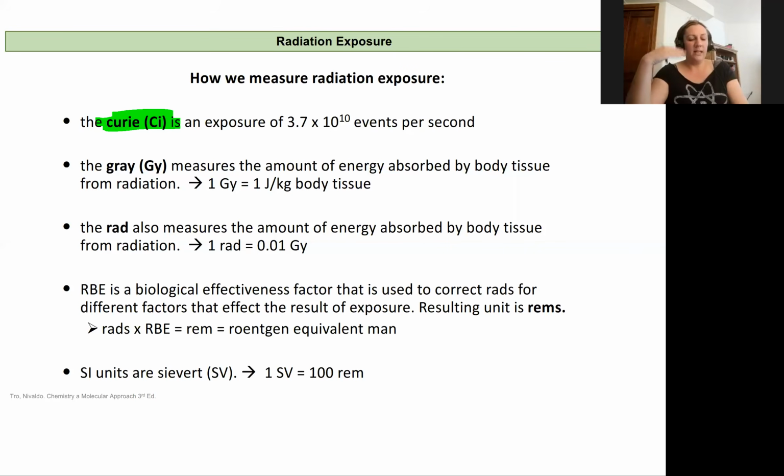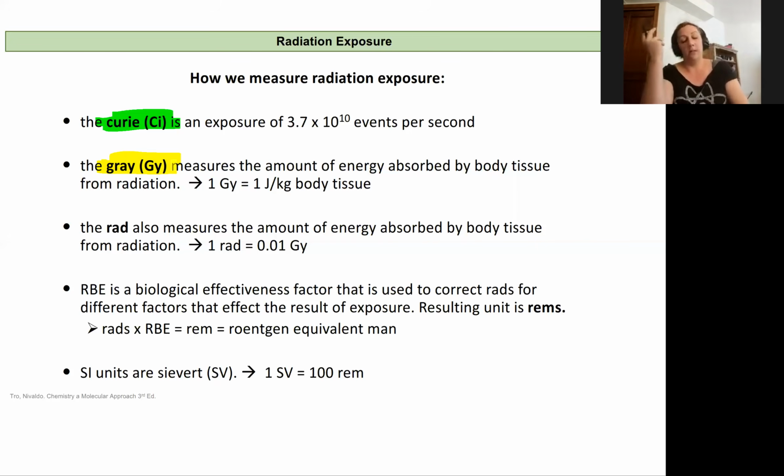And then we start looking at different types of units that really communicate what's being absorbed by a body or by an object. A gray, abbreviated GY, measures the amount of energy that's absorbed by a body or some tissue from radiation. One gray is in units of joules per kilogram of body tissue.